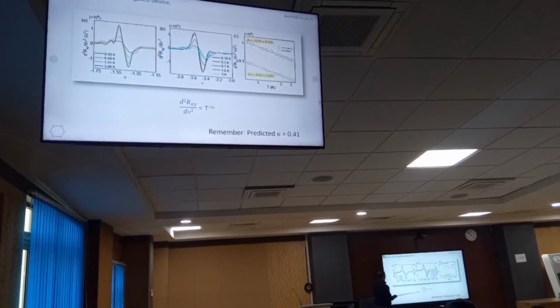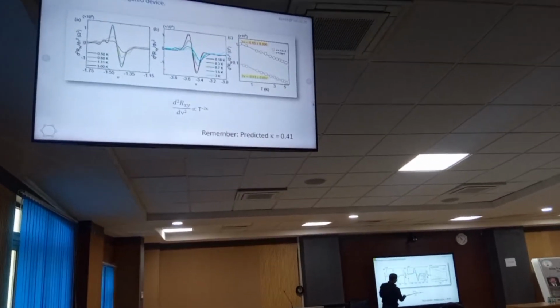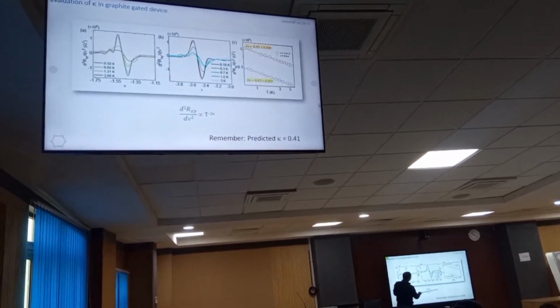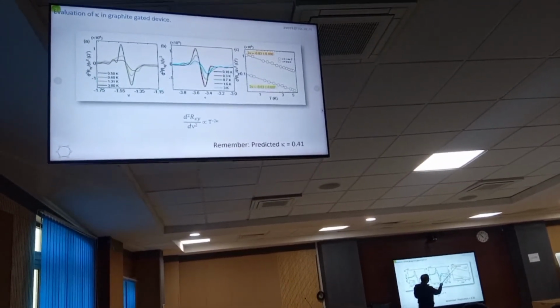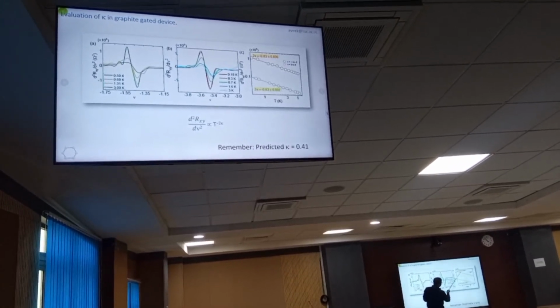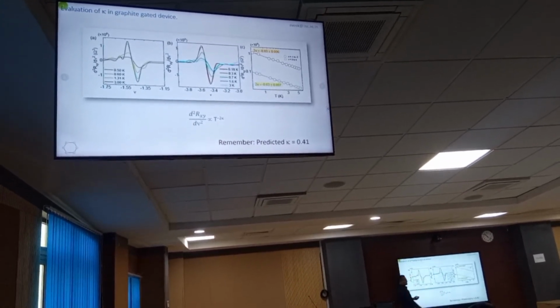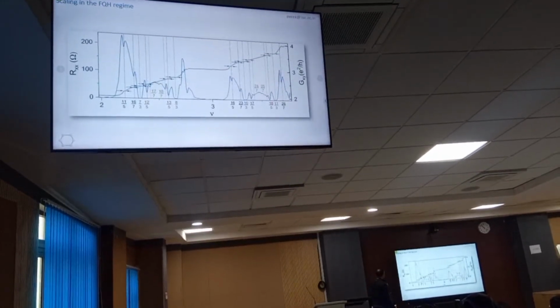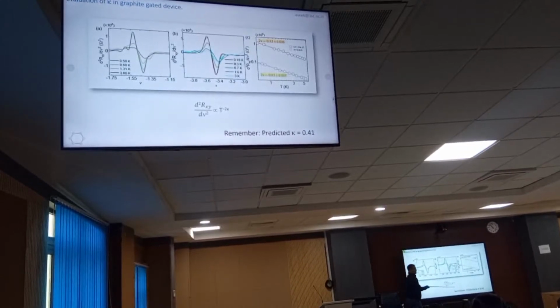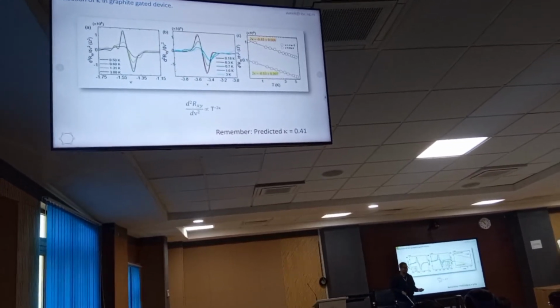Of course, I do not stop at the first derivative. I can take the second derivative, which will go as minus 2 kappa, and the derivative gives me 0.43. Filling factor 1 to 2, 3 to 4, and this also beautifully gives me kappa equal to 0.41. Next, I go to the fractional quantum Hall regime. That was expected, nothing spectacular.